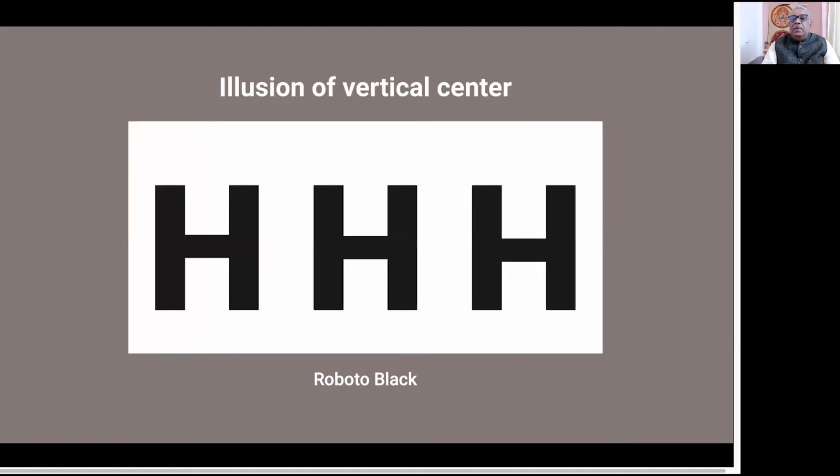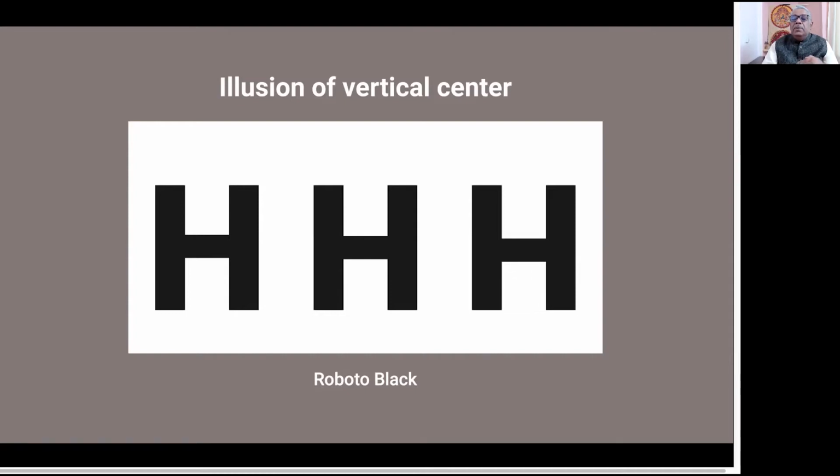The same thing happens with the way we use crossbars and the centering of elements inside a font. There is this concept of the optical center and the mathematical center. In typography, whenever we design fonts, we always keep the optical center.